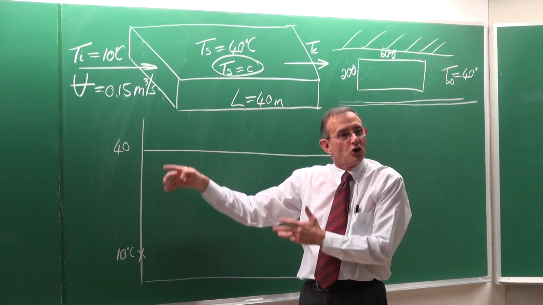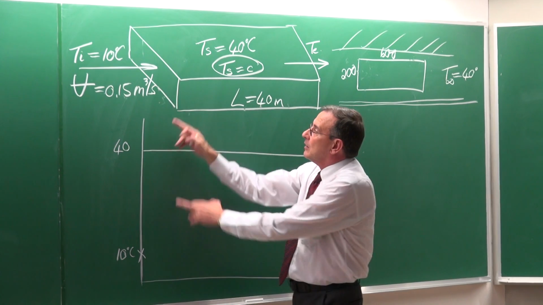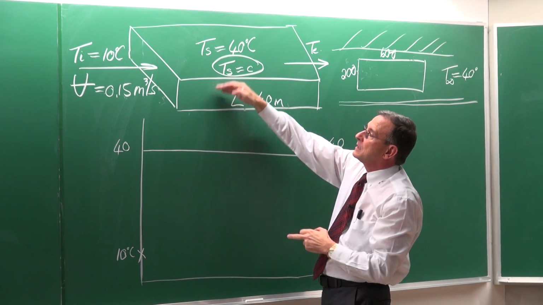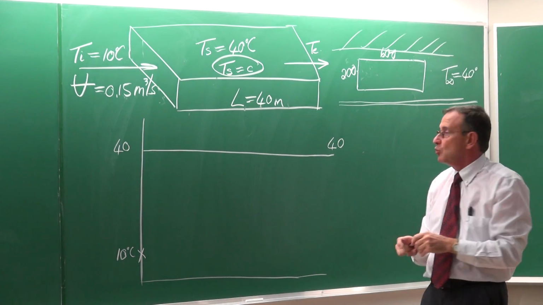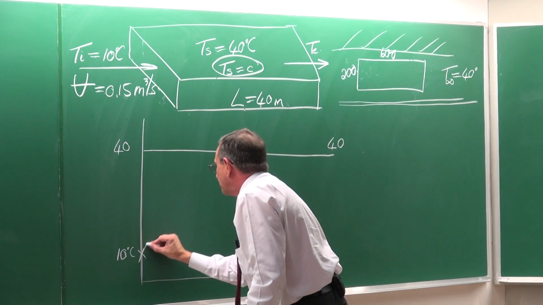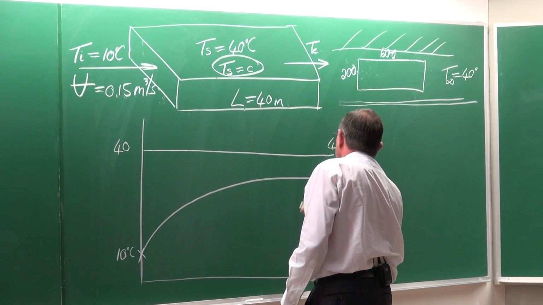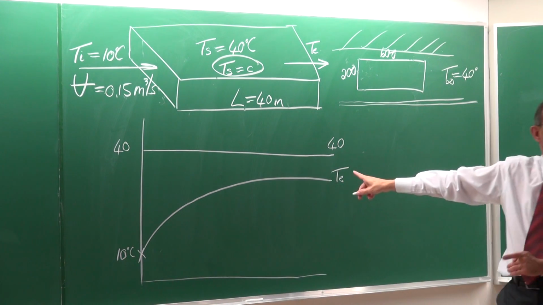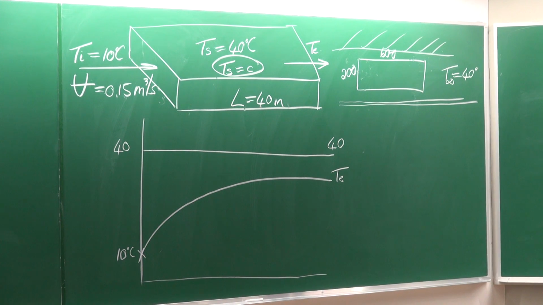So there's going to be lots of heat transfer. But as the air starts to heat, the temperature difference becomes smaller and smaller. So the temperature difference of the air is going to do something like that. And that is the outlet temperature, and that is what you have to determine.